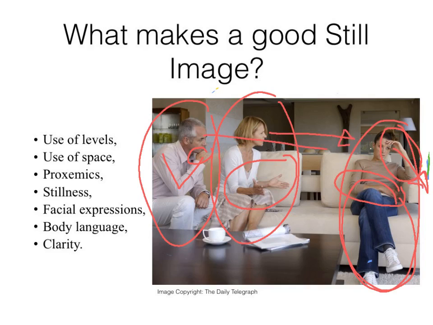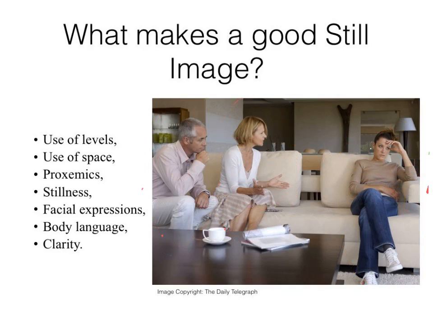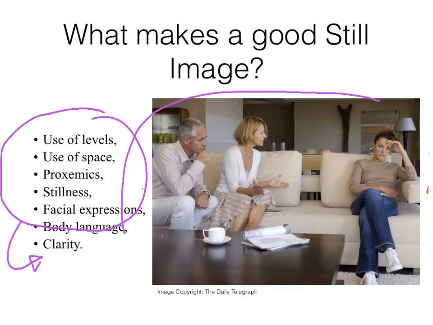Now all of these key words that I've described here, and the other ones which I've mentioned, all work towards this one here, which is clarity. Clarity describes how clear that still image is communicating to you as an audience.